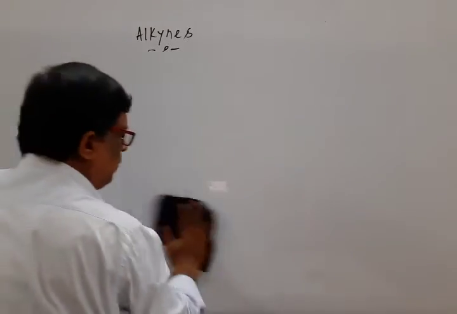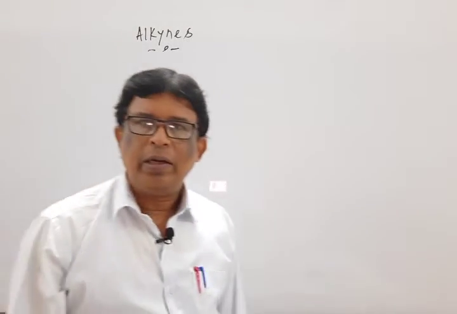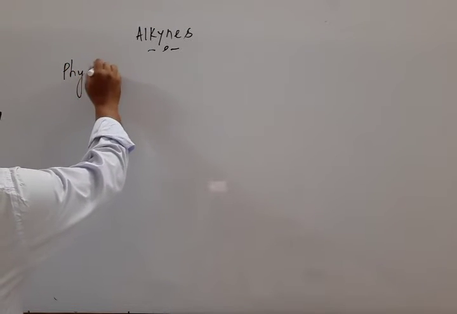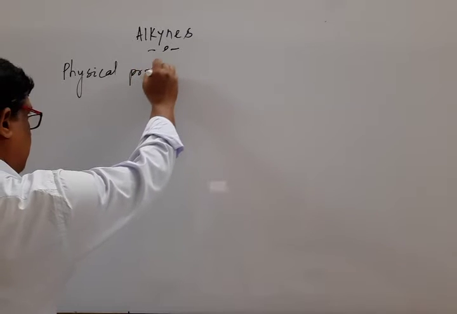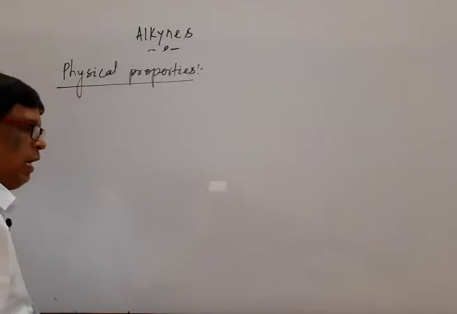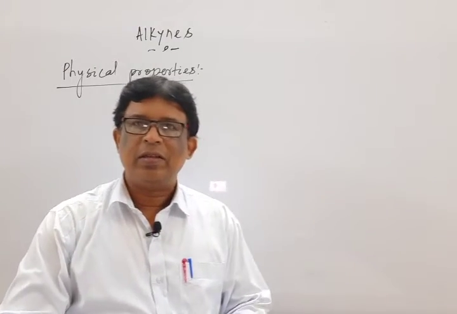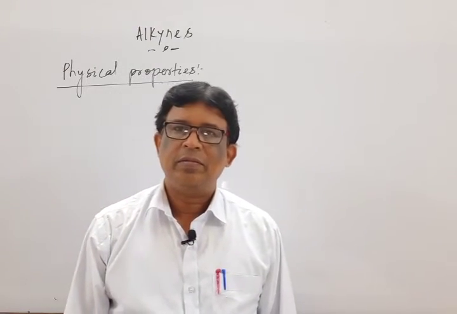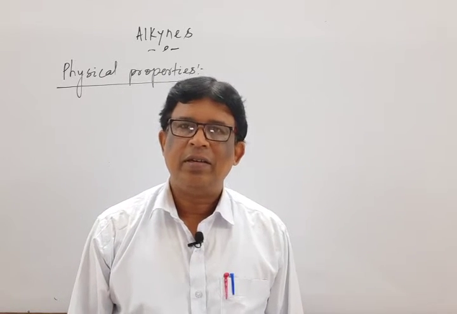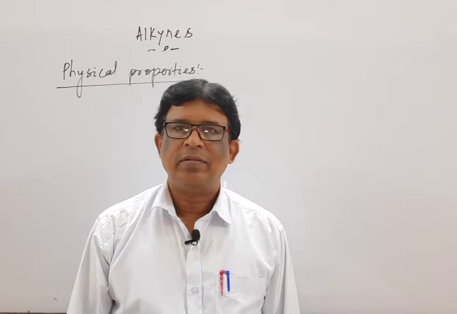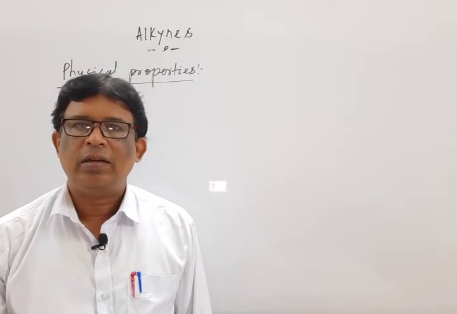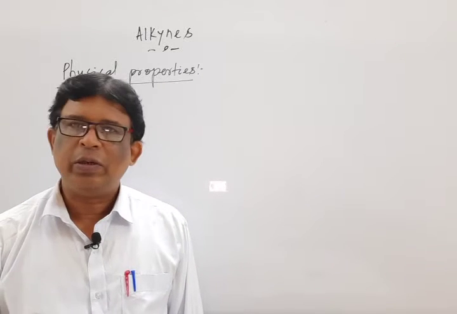Physical property means 3 to 4 points. Under the heading of physical property, we discuss physical state, melting point or boiling point, solubility, density, and what is the nature, what is the smell of this compound. First we discuss, then we write.